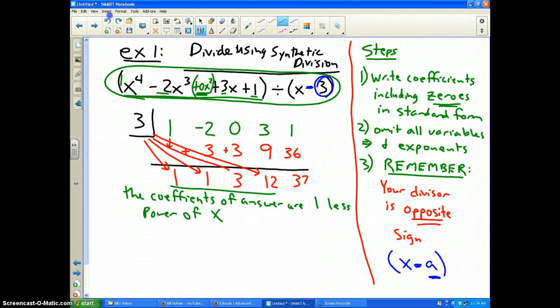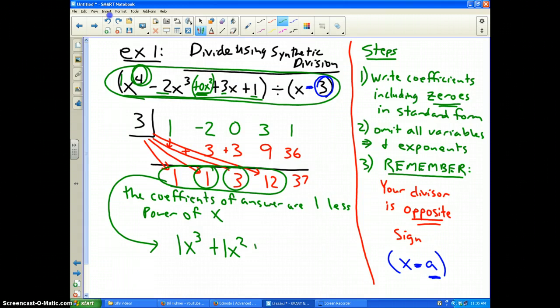So what I'm circling, my coefficients right here, I started out with an x to the 4th, so therefore my coefficients of my answer, this would be 1x to the 3rd, 1 power less. And this coefficient would be plus 1x squared. And this coefficient would be plus 3x. And this coefficient is your constant, plus 12.